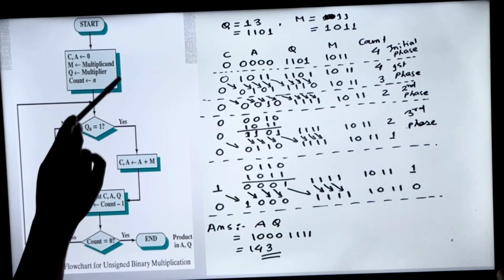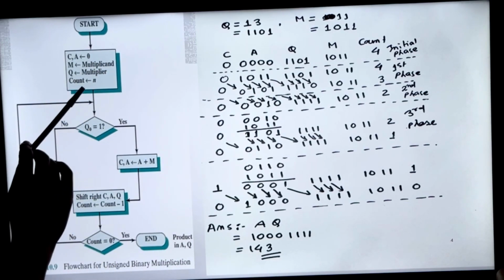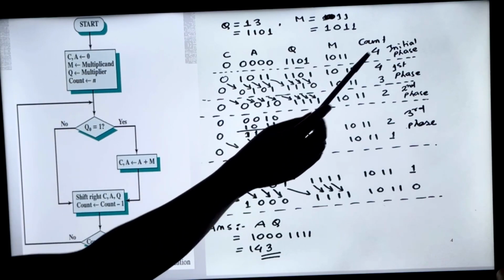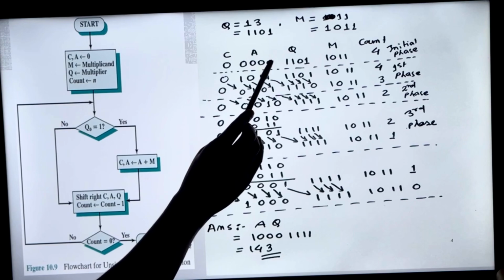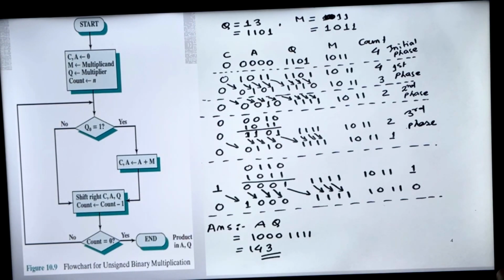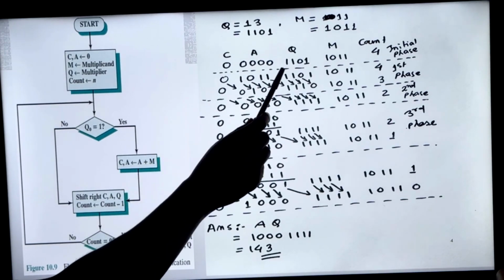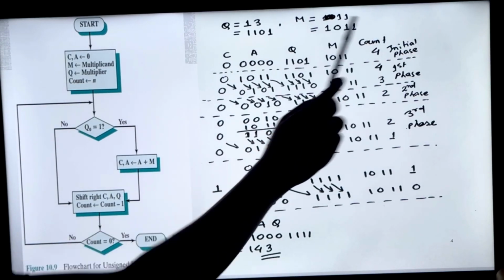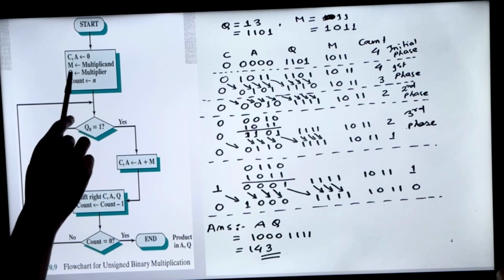That is what the initialization box says. Now we have one more register called count. This count is the number of bits you are considering to perform this multiplication. For both numbers I have 4 bits, so the count is 4, and this is the initial phase. So this box is done.